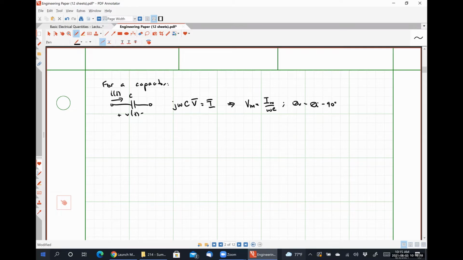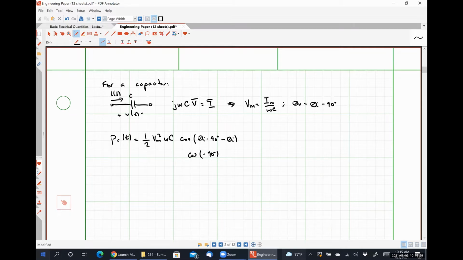So our instantaneous power absorbed by a capacitor then becomes 1/2 Vm squared omega C. And then we're going to have cosine theta V minus theta I. So that's going to be theta I minus 90 degrees minus theta I, which looks like cosine of negative 90 degrees. What's the cosine of negative 90 degrees?